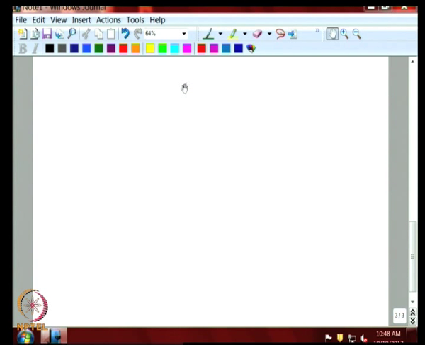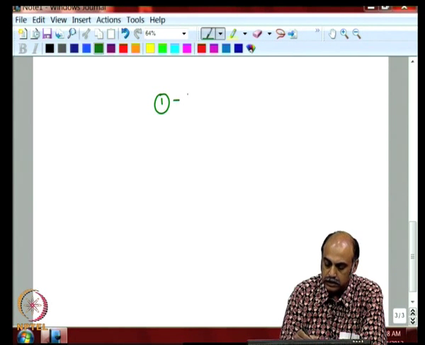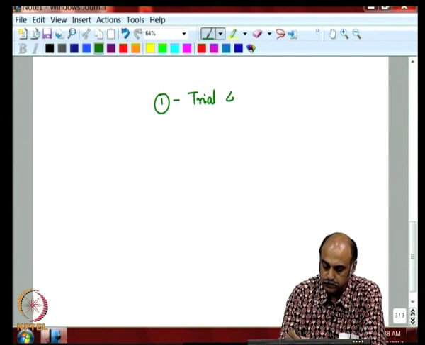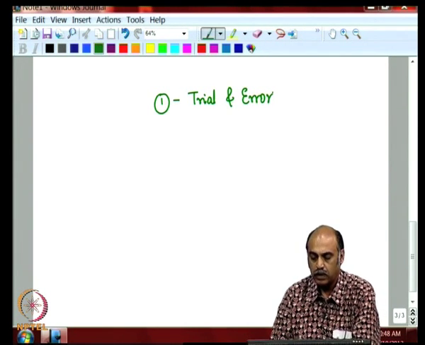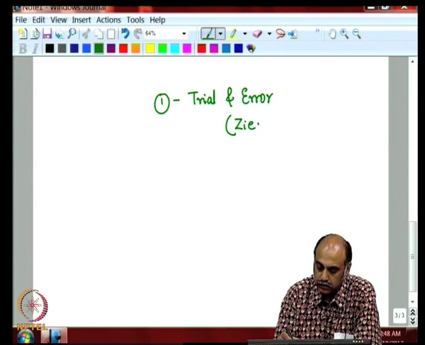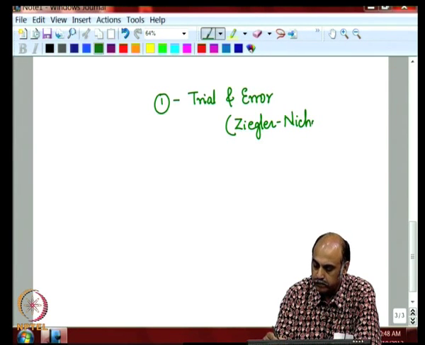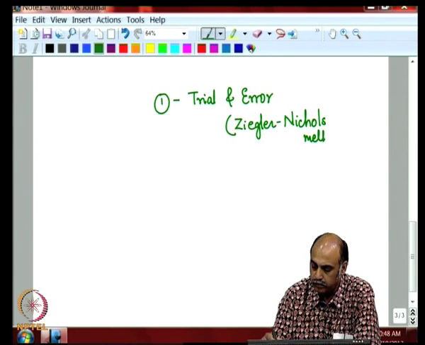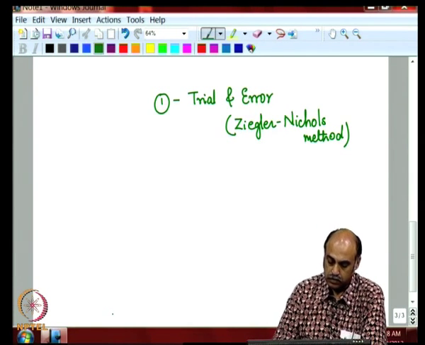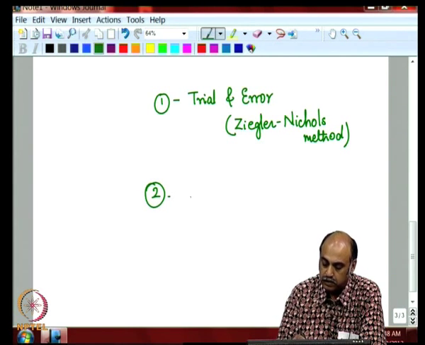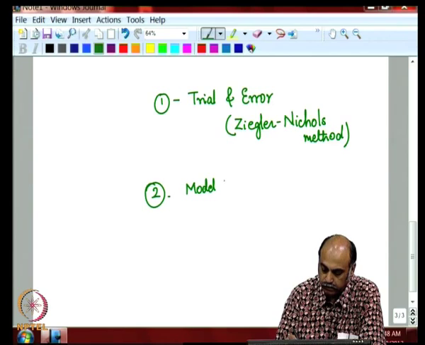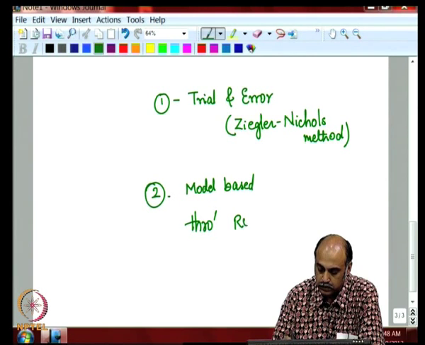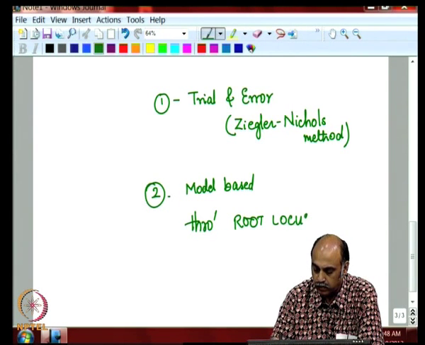So, we have discussed the trial and error approach, something similar to the Ziegler-Nichols method, and we have seen the other model based approach through the root locus technique.